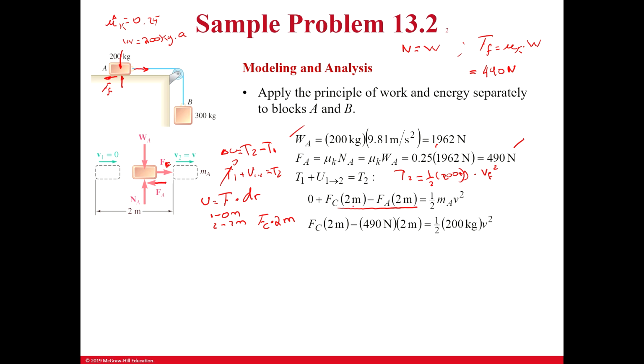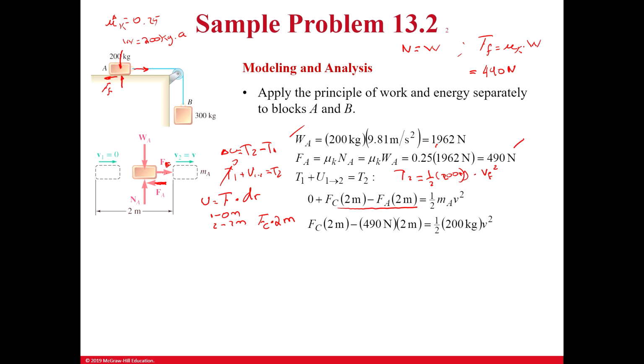So Fc times 2 meters minus, why minus? Because it's negative. It's going against the motion. It's making it lose energy. Here we're in a perspective of gaining or losing.